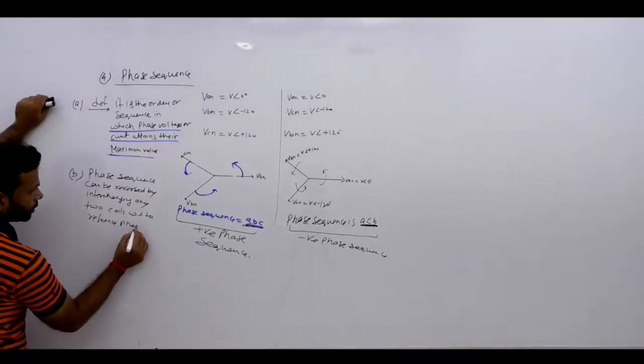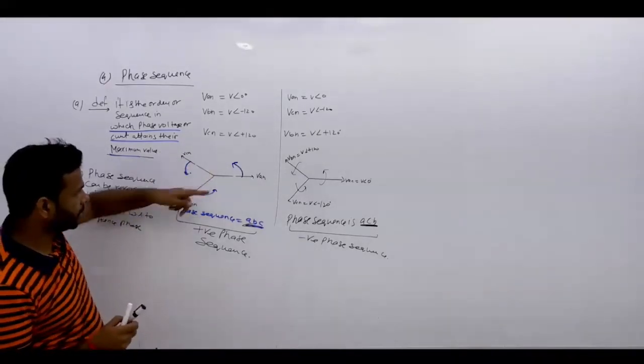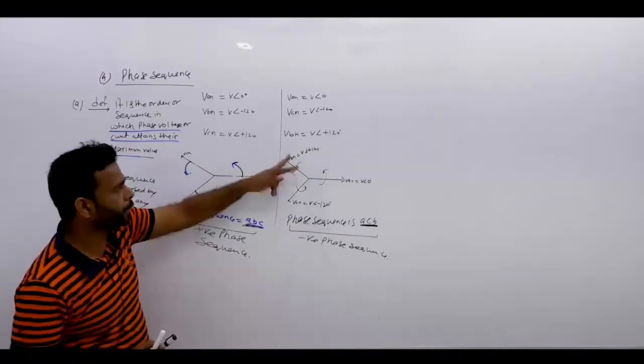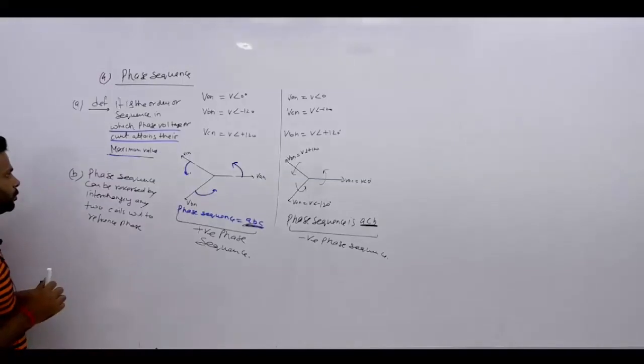Okay, so this is your example where this is ABC and you just flip your B and C, you will get a reverse phase sequence. So this is the second part.